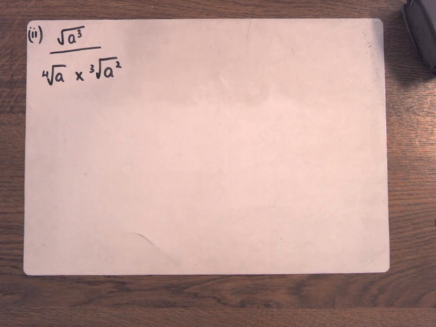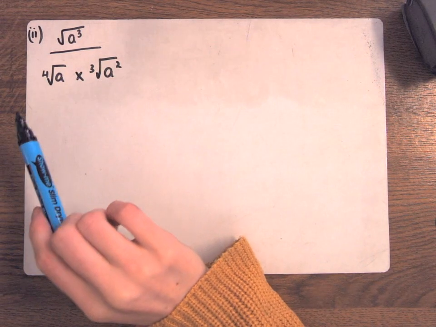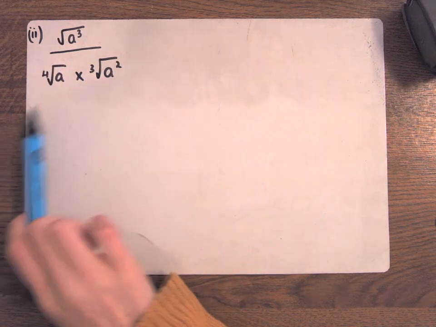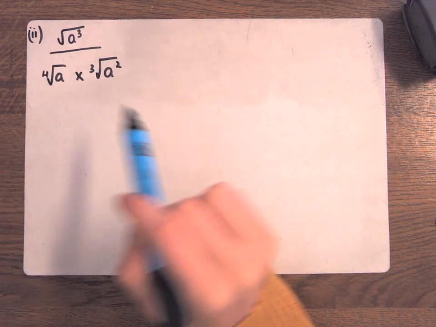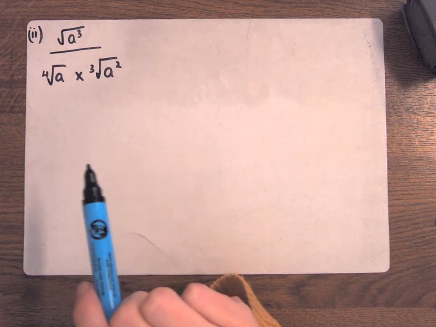If they're all different letters, then your bases aren't the same, and then it's very hard to do anything with them. So they want the bases to be the same so that you can actually do a sum. Okay, so what we have here is all the bases the same. That's a. In order to deal with these nicely, you should probably get them a to the power of.